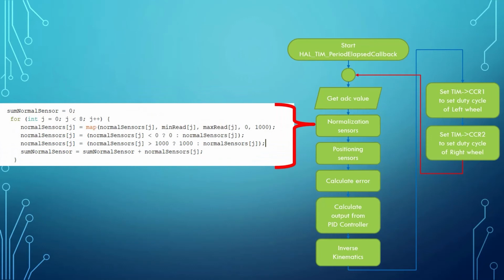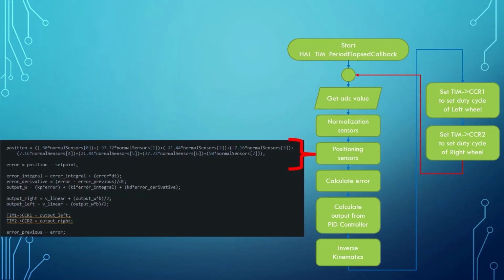And in this part, the normalization of the sensor. We need to calculate and calibrate the sensor before using the robot, and this explains the min and the max of the light detected from the sensor, and then calculates it into the equation.